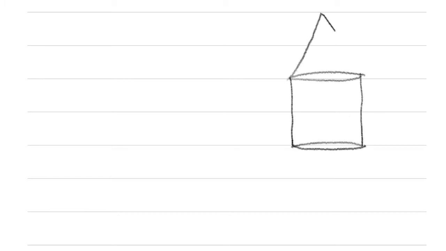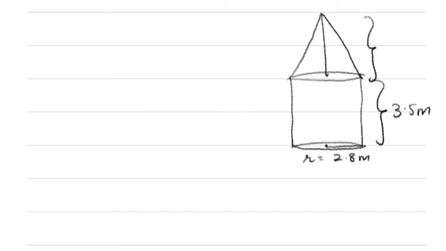We have tents whose base is in the form of a cylinder and we have a cone on the top, and the radius of this cylinder is 2.8 meter and the height is 3.5 meter, and the height of the conical part is 2.1 meter and the base radius is the same.